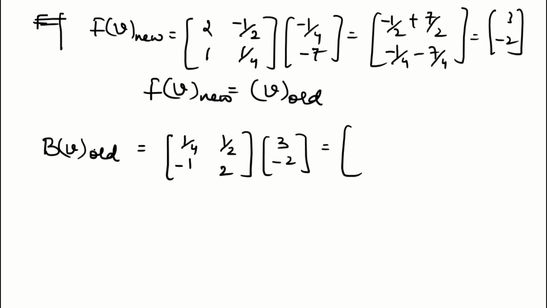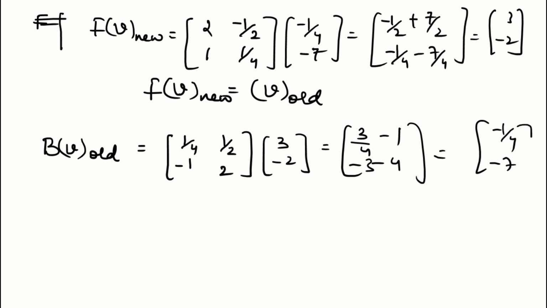Let's multiply it. 1 by 4 times 3 is 3 by 4, minus 1, and minus 3 and minus 4. So how much? This will give you minus 1 by 4, and this is minus 7. So what is this? This is the new component of V, right? So when you are multiplying B with the old component, it is giving you the new component.